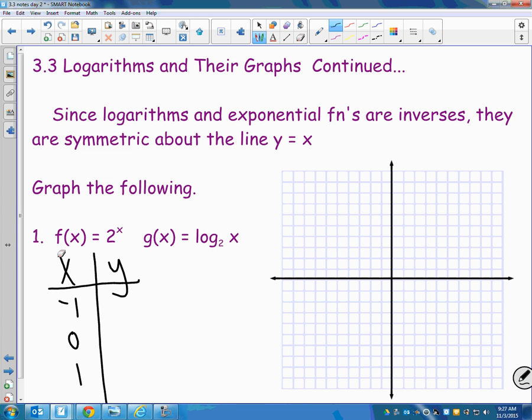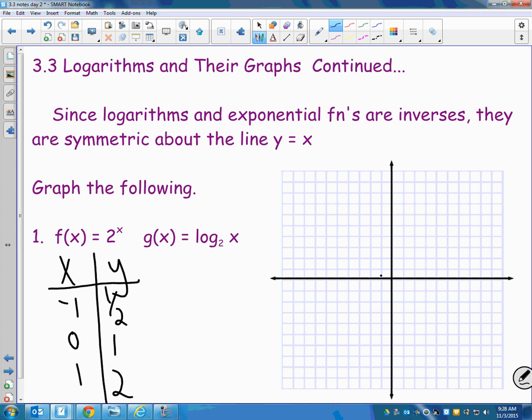So, I don't spend that much time doing this, but 2 to the -1, that's just 1/2. 2 to the 0 is 1, and 2 to the first is 2. And that's just our standard exponential growth model. As x gets bigger, y is going to get bigger. As x gets smaller, we're just going to keep getting those fractions, like 1/2, 1/4, 1/8, 1/16.